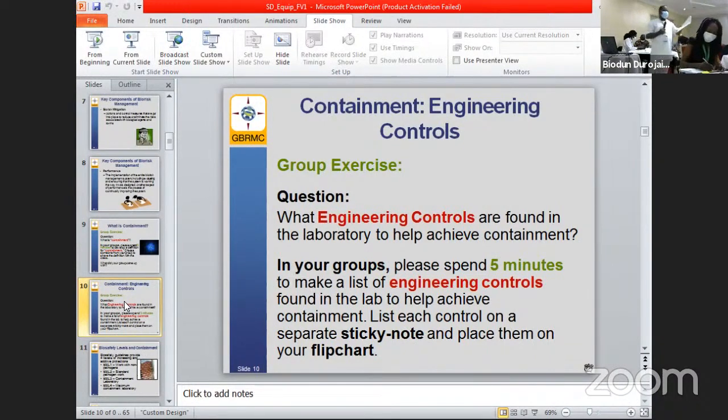For example, customers mentioned automatic doors, so that you don't have to touch any handle. Autoclave, locks, alarms, card readers. Nobody mentioned HEPA filters. HEPA filters. Okay. All right.